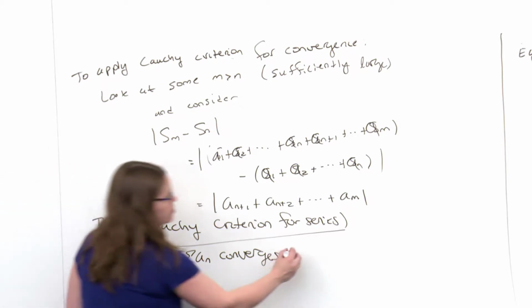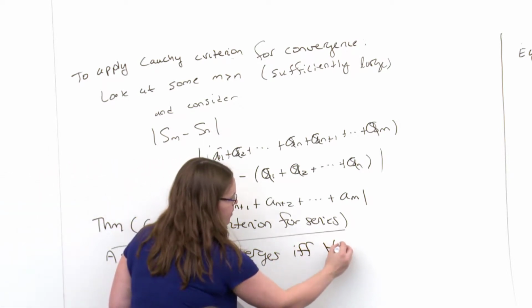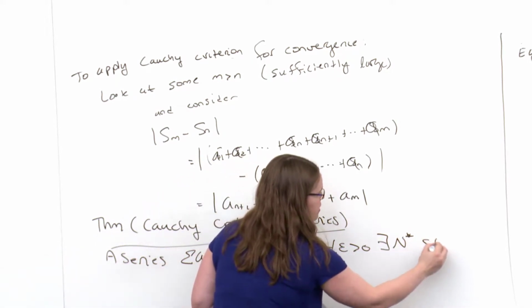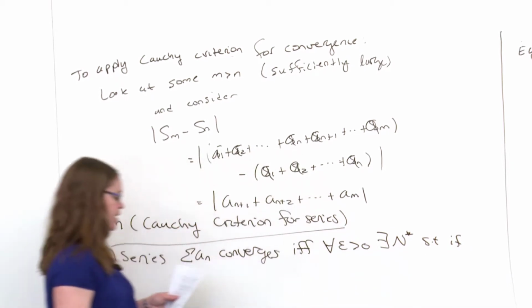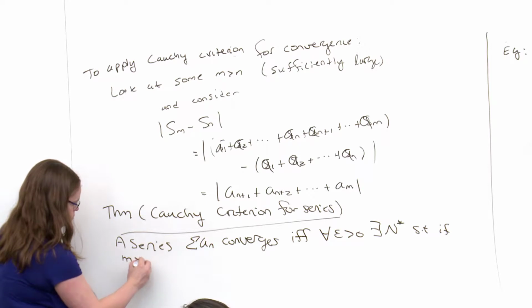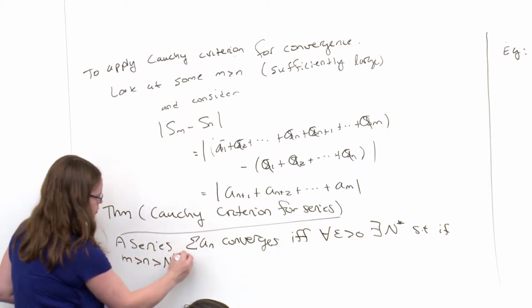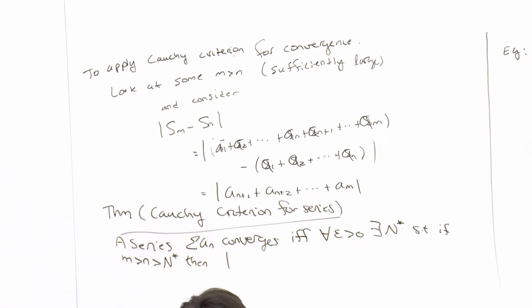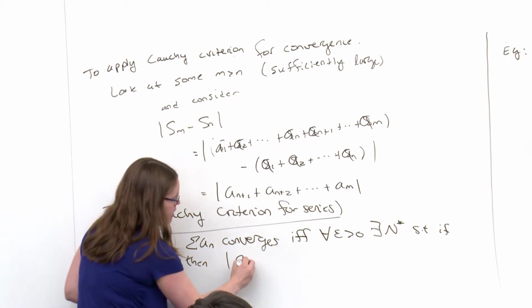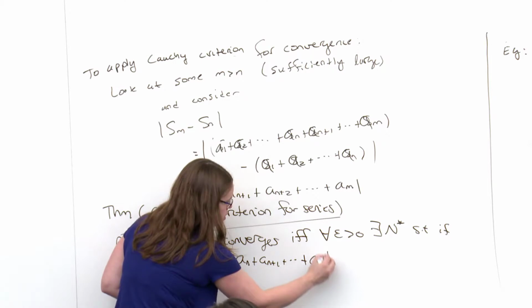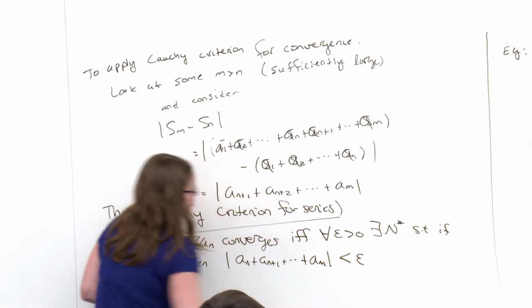Again, this is an equivalence. If and only if, for every epsilon greater than 0, there exists an n star, such that if n and m are bigger than n star, then if I add up all the terms between An and Am, it should be small. So An plus 1 through Am is less than epsilon.